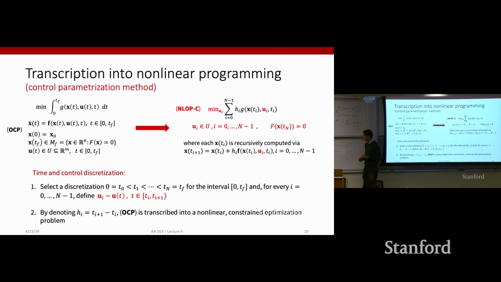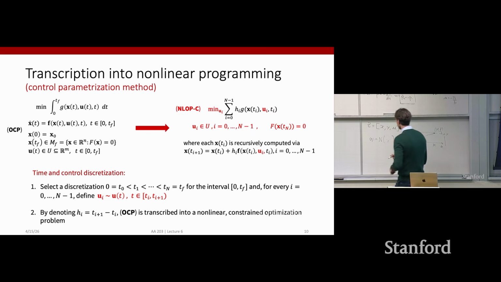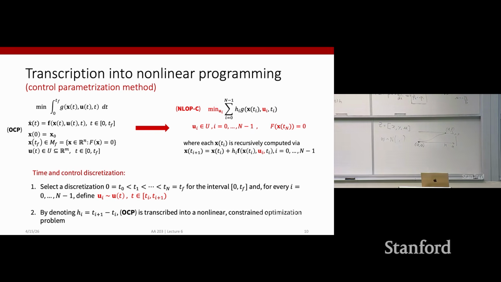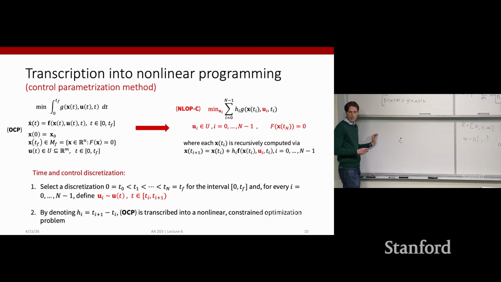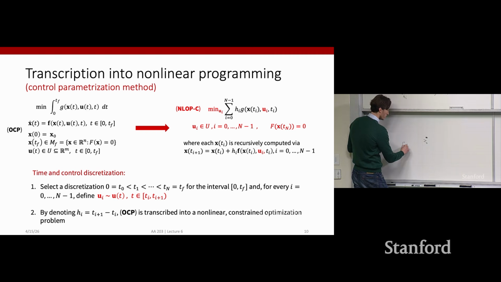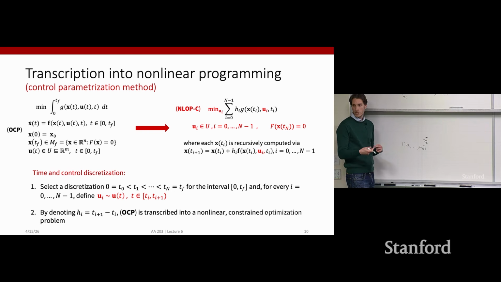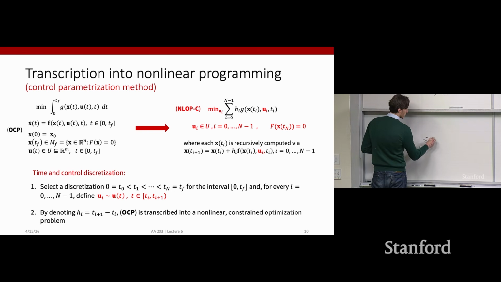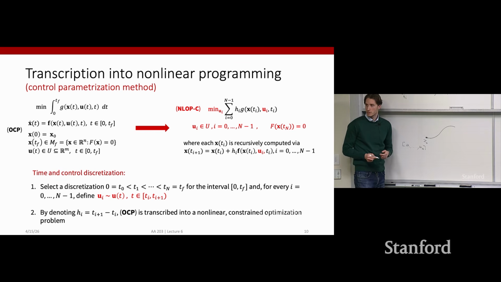And this is also why it's referred to as shooting methods, because you could imagine, pictorially, we have an initial state x0, and then the optimization will choose a set of u's, from u1 to un. And then internally, we'll have this recursive application of our dynamics, which essentially propagates forwards our states.